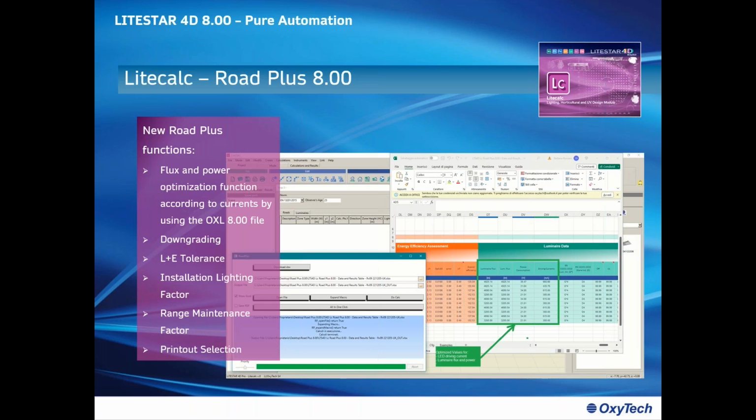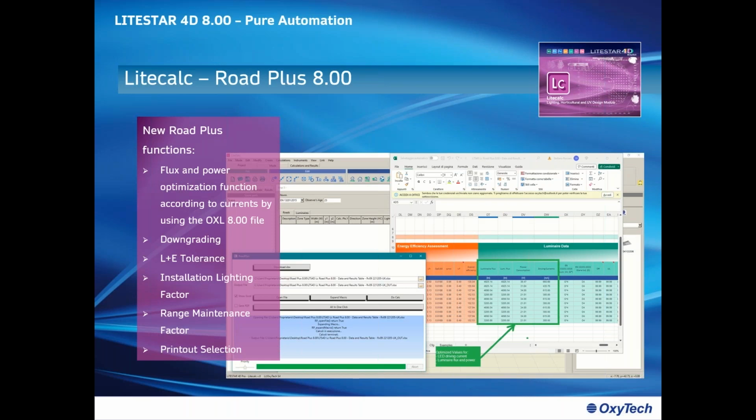So you can define in between, for example, 0.8 up to 0.90 with a step of 0.05. So the program will automatically calculate the 0.80, 0.85, 0.90. Then the installation lighting factor, it was the request made by some designers.